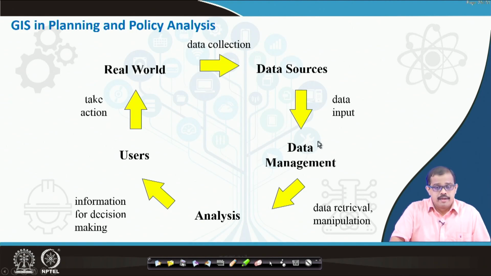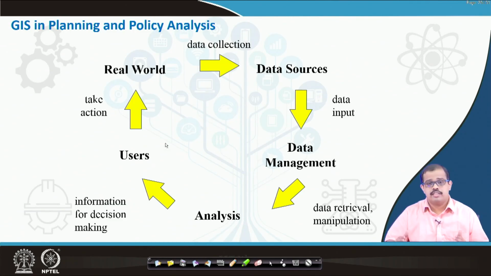Then we look at data management, and once we look at the data management, how we analyze the data, and finally it is the users who get the information for decision making. It can be any governmental users, any private users, or any normal user who looks at the data as information for any decision making, or any of the other aspects that are required.